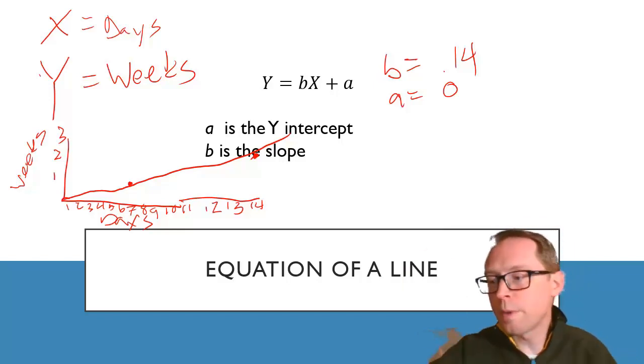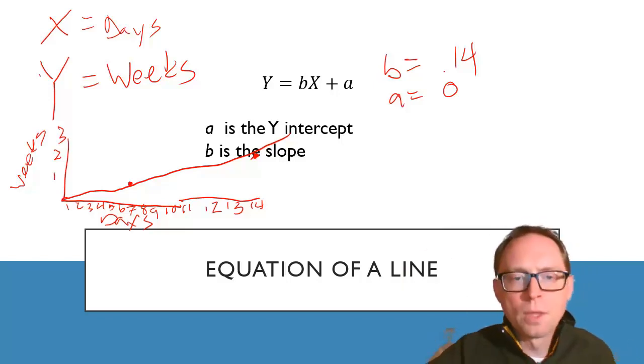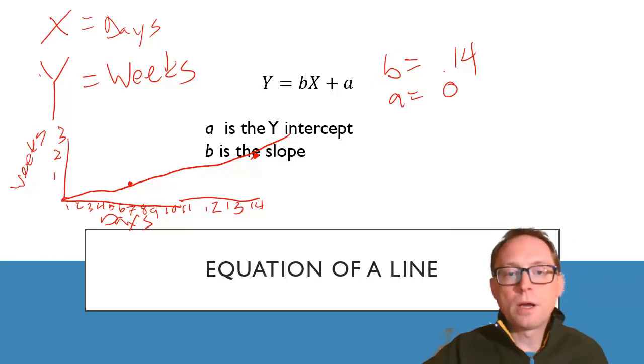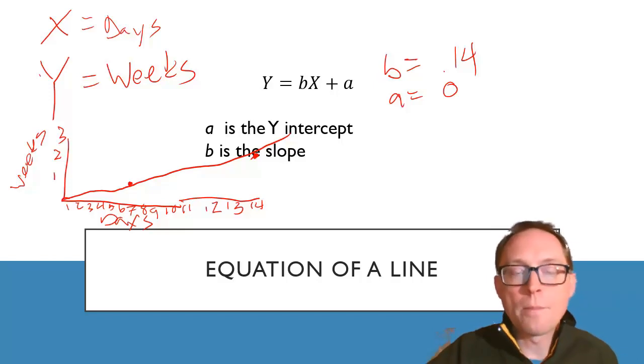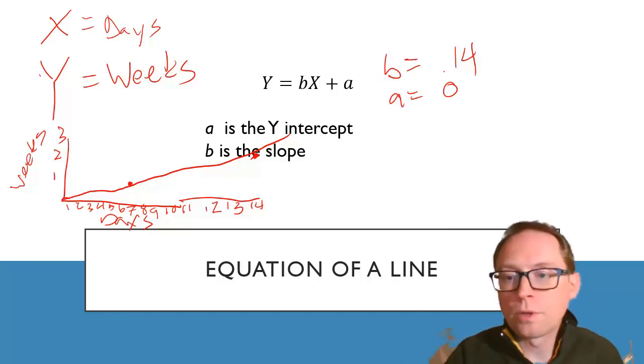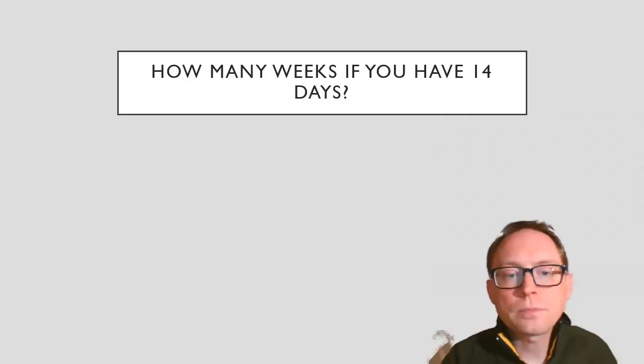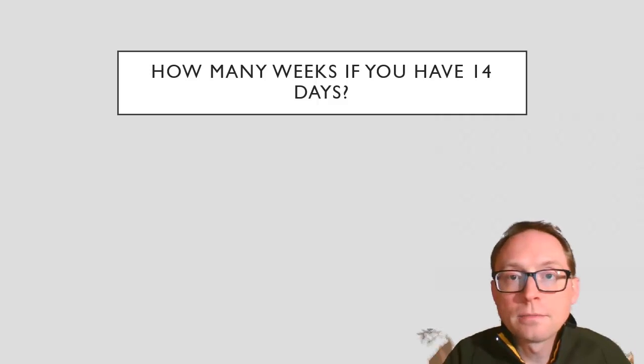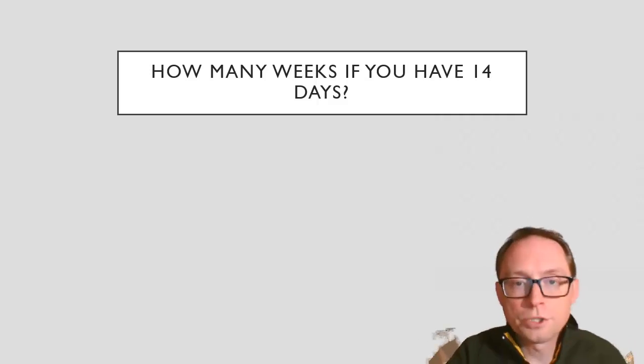Normal. You remember how this works. The slope is for every increment on the x-axis, you go up exactly how many on the y-axis. That's what we're looking for. Now, how many weeks if you have 14 days? 2. You have exactly 2.